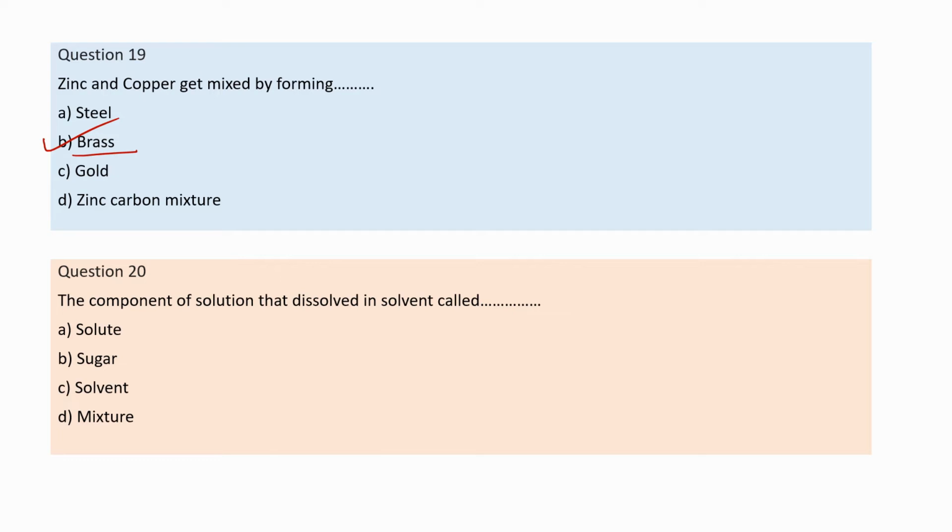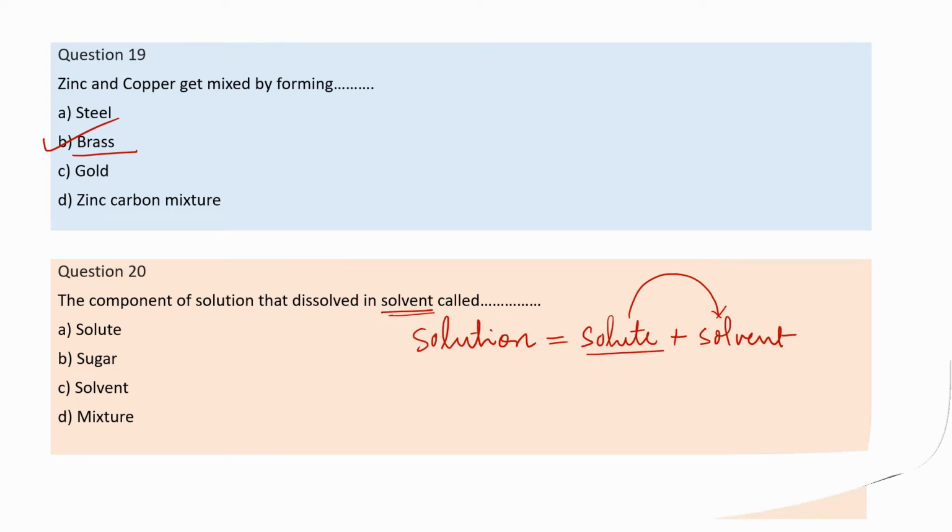Next question, the component of solution that dissolved in solvent is called, now solution we are getting from two components, that is solute and solvent. So here solvent they have already given. Now solute we are dissolving into the solvent. So the answer is solute.